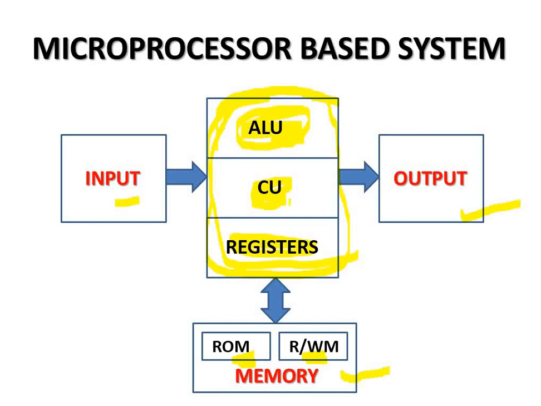Any microprocessor, whether it is 8085, 8086 or the recent Intel i-series processors, we can broadly classify into these three building blocks: arithmetic and logic unit, control unit and registers. One by one, in our subsequent lectures, we will study what the ALU, the CU and the registers are.